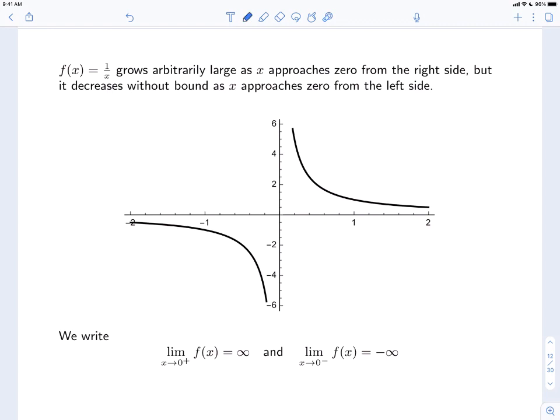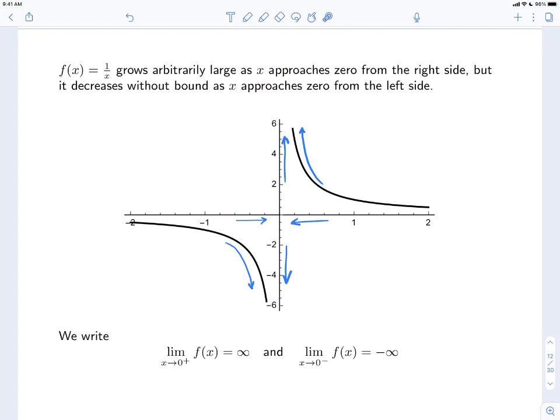If I approach 0 from the right, from the positive side, then on the graph, our values are shooting upwards. So that means our y values are getting larger and larger without bound. On the other hand, if we're approaching x equals 0 from the left side, that means the graph is dropping away. So the y values in this case are decreasing without bound.